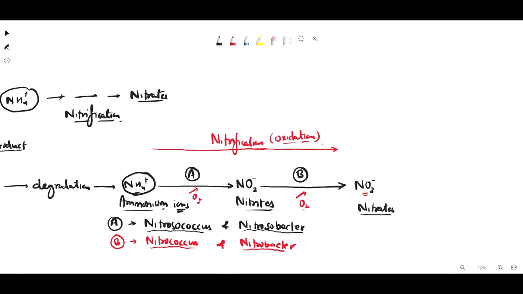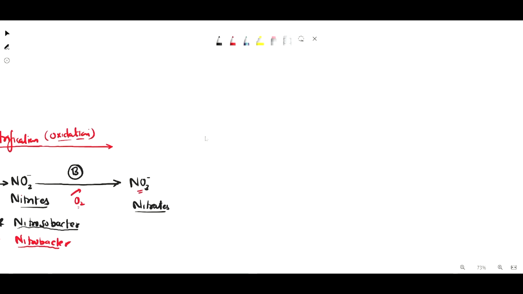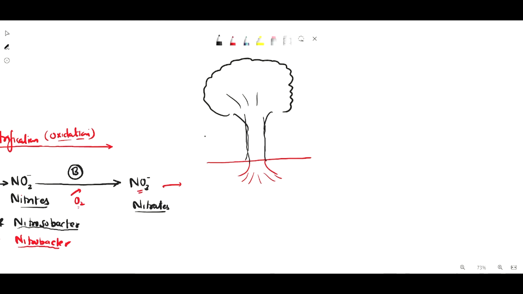Now these NO3 ions can be taken up, that means absorbed, by the plants. Ammonium ions cannot be directly absorbed by plants because they are quite toxic. That's why plants prefer nitrates as the source of nitrogen.